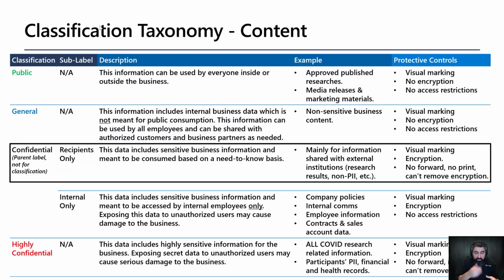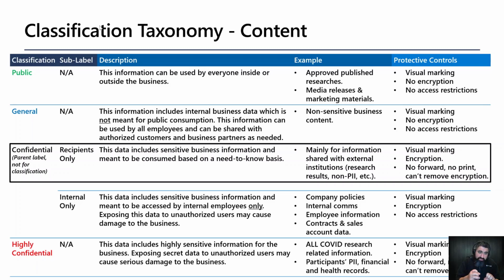The third category is the confidential information category, which basically includes two sorts of confidential information within our tenant. The first one is recipients only, which basically includes data about our sensitive business information.